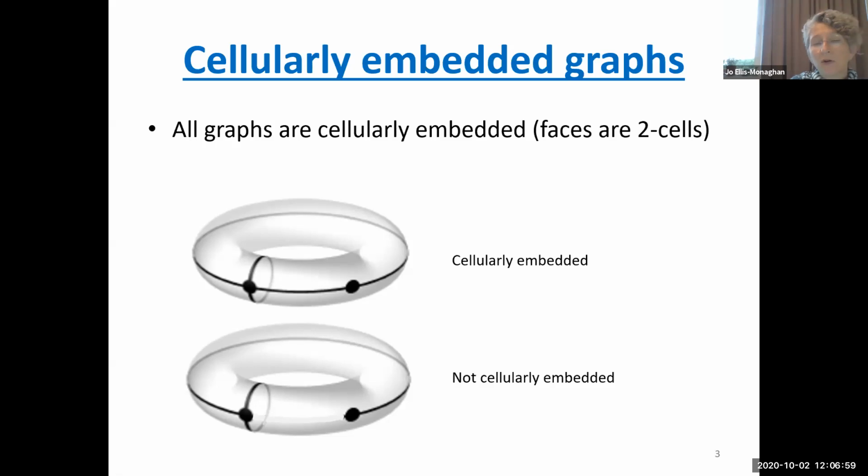They're all little pieces of R2. So this graph down here is not cellularly embedded. If you take the graph out of this surface, you're left with an annulus instead of a disk. So all the graphs are cellularly embedded.